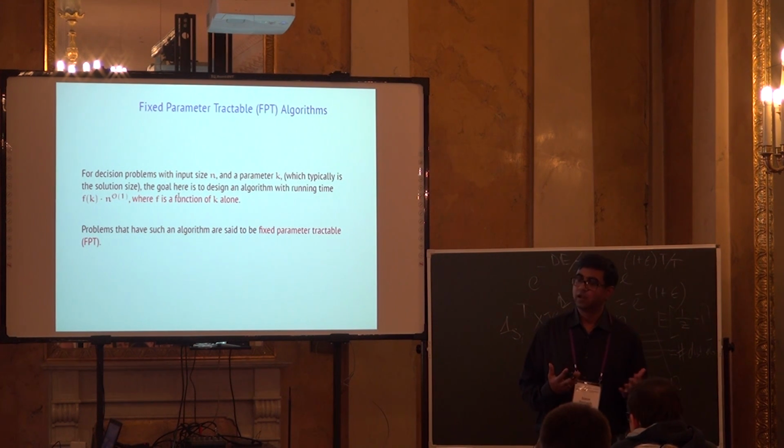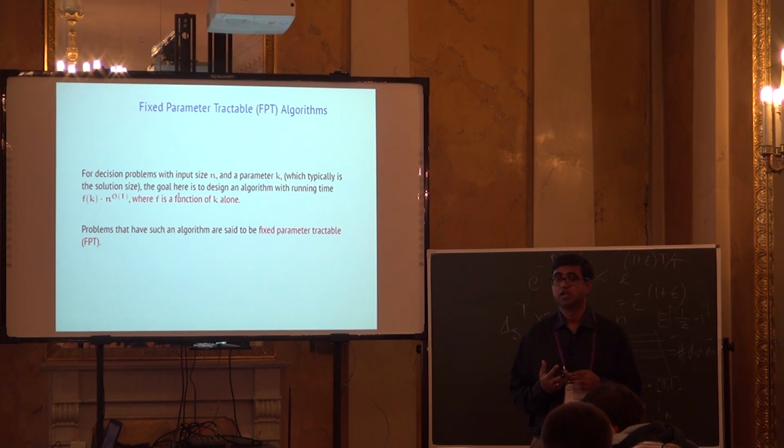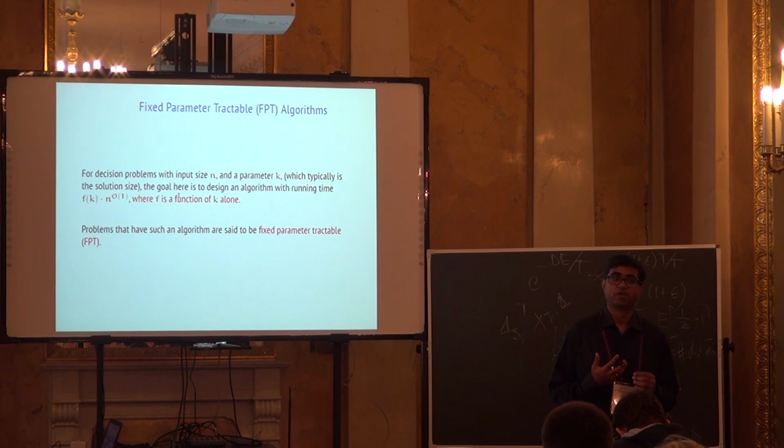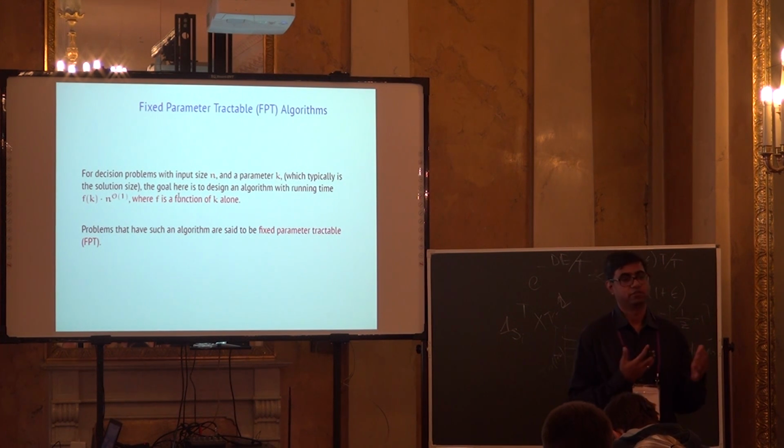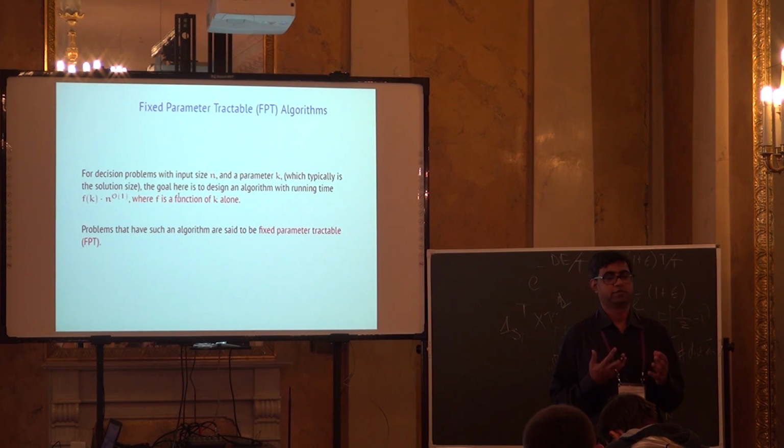Approximation algorithms are where we still demand that the algorithm takes polynomial time in the input size, but we are happy to get a solution which is as close as possible to an optimal solution, or we are able to prove that such an object cannot exist.